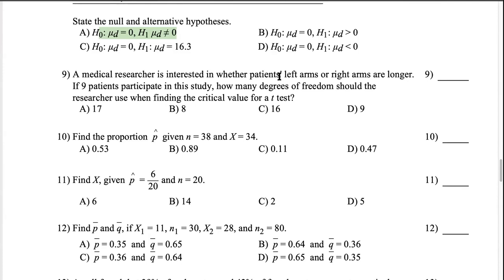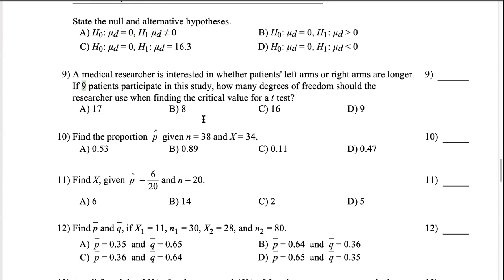So in this case, they are trying to see the difference between left arm and right arm. For degrees of freedom, it's n minus 1. Remember, each patient has a left arm and a right arm. So the number of degrees of freedom here is 9 minus 1, which is 8.